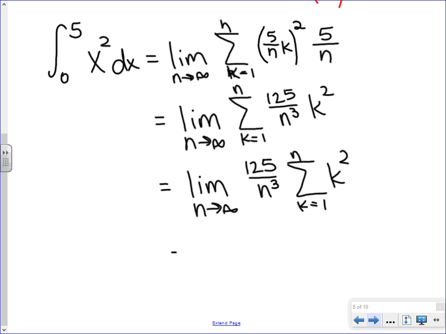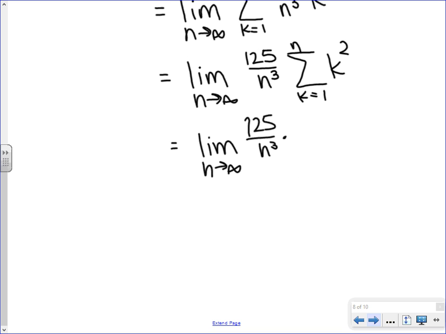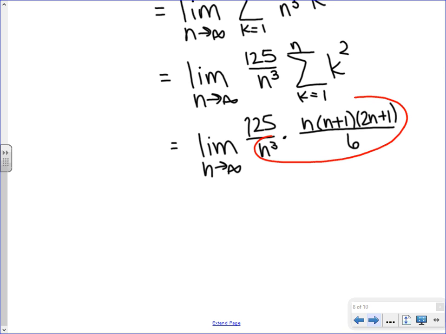Our shortcut for the summation of k squared, we know it is n times n plus 1 times 2n plus 1 all over 6. We've already talked about this limit right here, right?